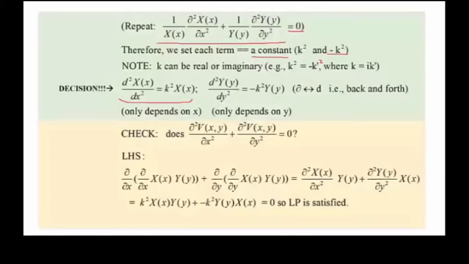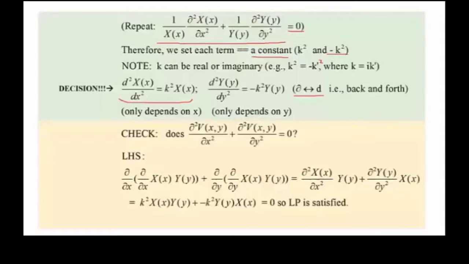You can do either one, but at some point you have to justify which one you want. The other thing to notice is that sometimes we write this as a full derivative, sometimes with a partial. In this case I use full derivatives because this function, or this equation, depends only on x. Over here it only depends on y, so I've used full derivatives. But we can go back and forth, and if there happened to have been a partial here, it wouldn't matter.